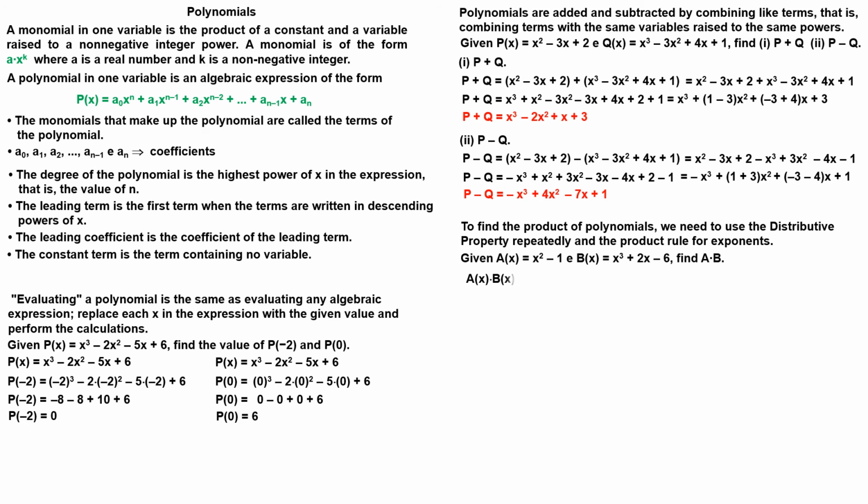Multiply each term in the first polynomial by each term in the second polynomial. Pay attention. Be careful of the signs. And always remember to add like terms.